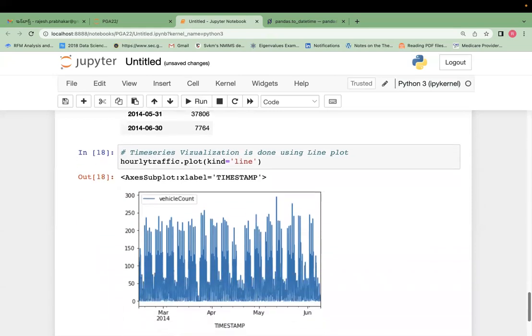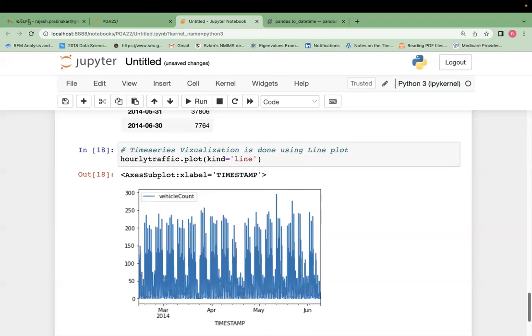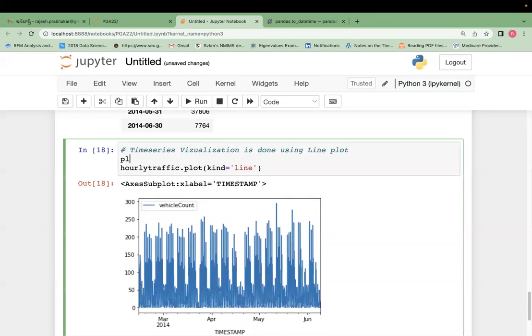You can see the plot of hourly traffic. If you want, you can use plt dot figure, figsize equal to 20 comma 10.